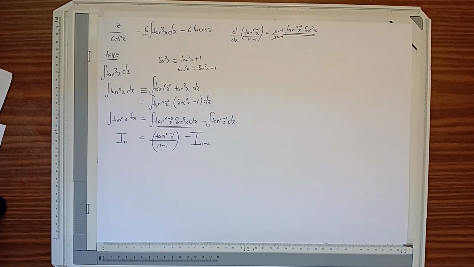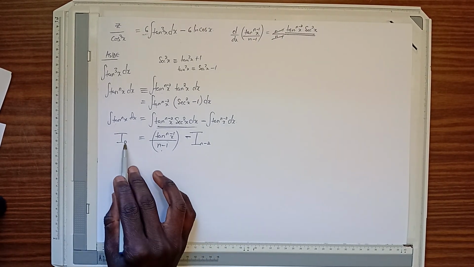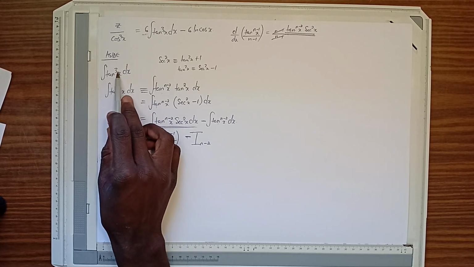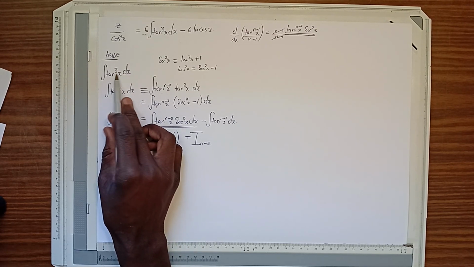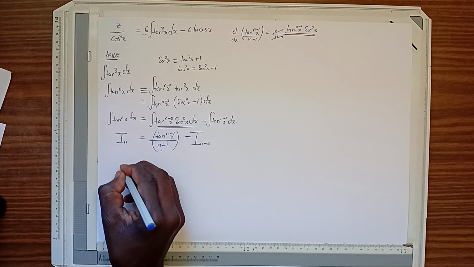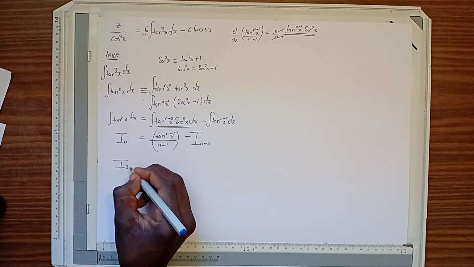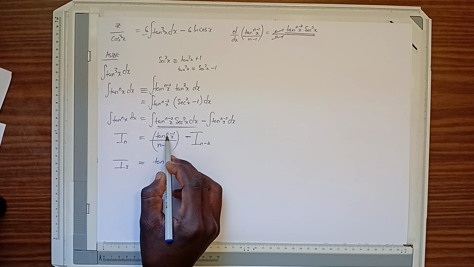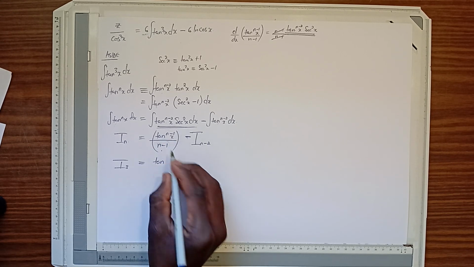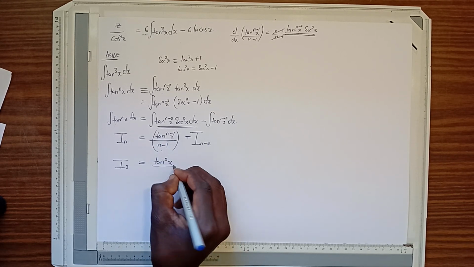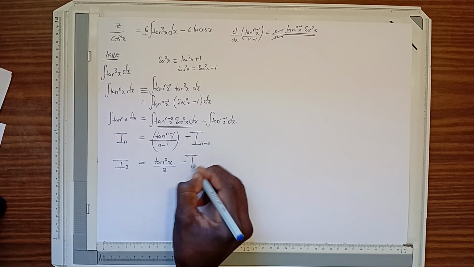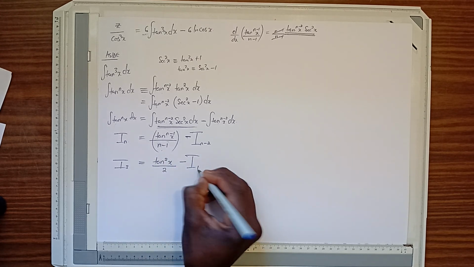Now we want to proceed. We know that n represents this n, and in our case n is equal to 3. So we come here and say I3 is equal to tan. If we put 3 here, we get 3 minus 1, which is 2, so we get tan squared of x. If we put 3 here, we get 3 minus 2, which is 1.